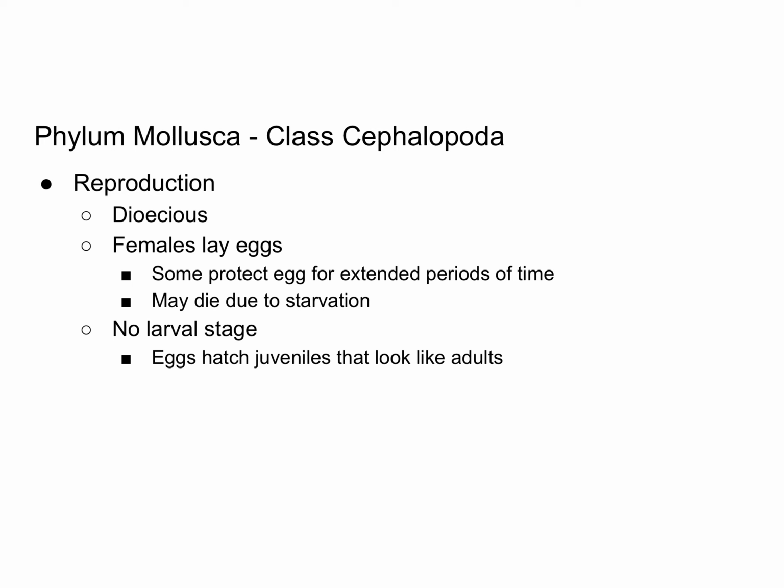Cephalopods do reproduce sexually. They are dioecious, which means that there are separate male and female organisms. The females lay eggs, and some female cephalopods will actually protect their eggs for extended periods of time.